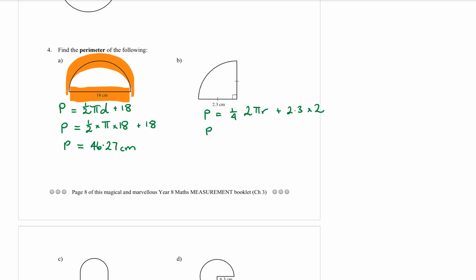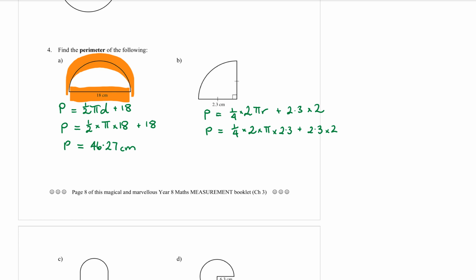Second step is to substitute in for the radius. So we have a quarter. There should be a little times in between there. So quarter times the 2 times the pi times the radius, which is 2.3, plus the 2 straight sides, so 2.3 lots of 2.